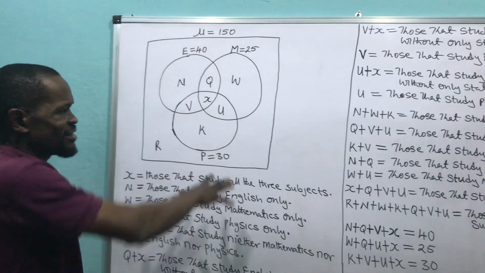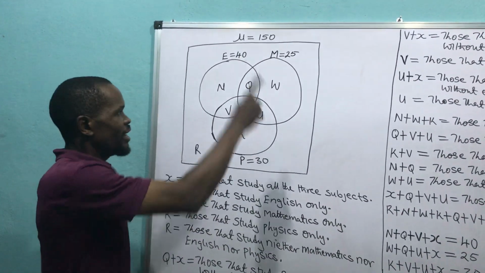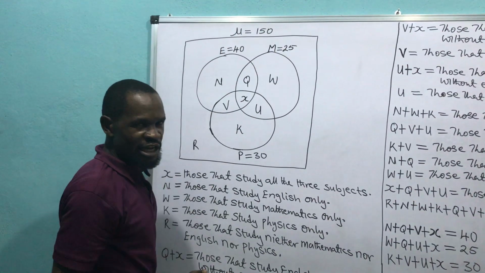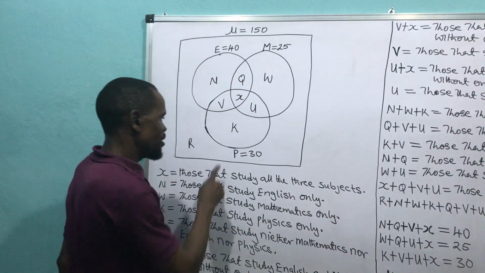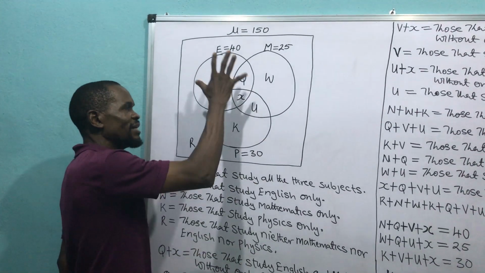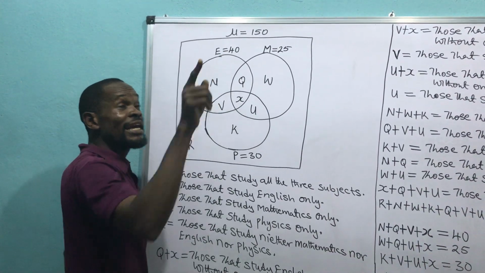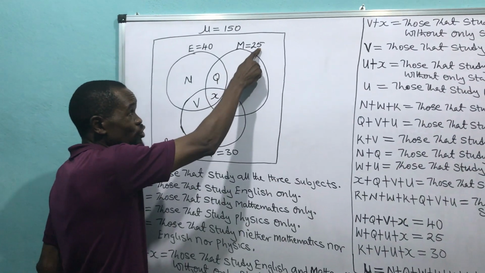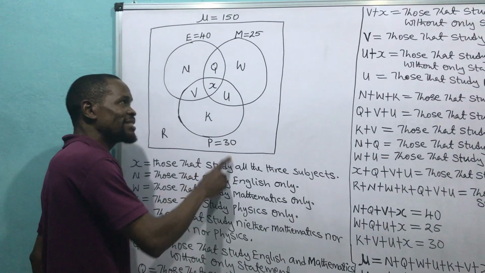This is 3 sets. If you look at the diagram now, it's 3 sets. E represents English, people that study English. M stands for mathematics. P, I use it for physics. In this diagram, I'm taking the people that study English to be 40, mathematics to be 25, and physics to be 30.